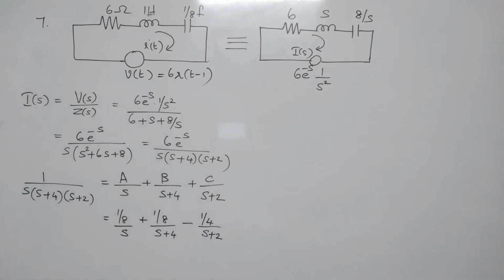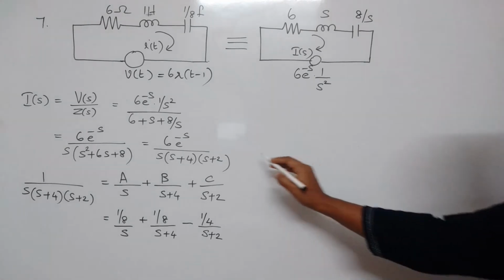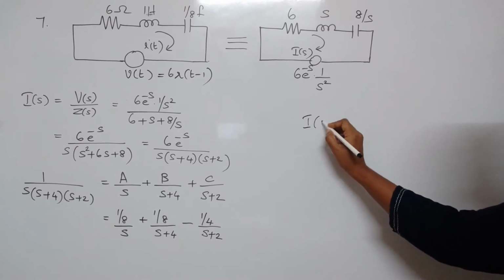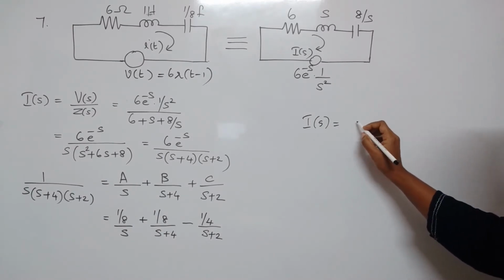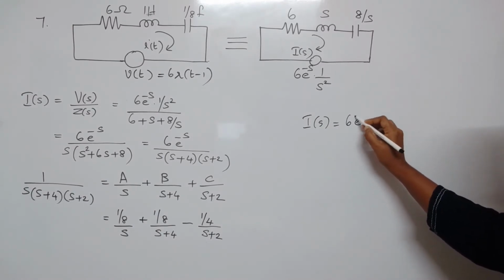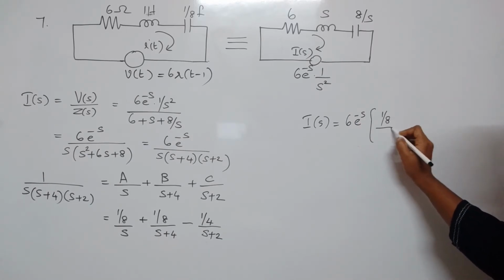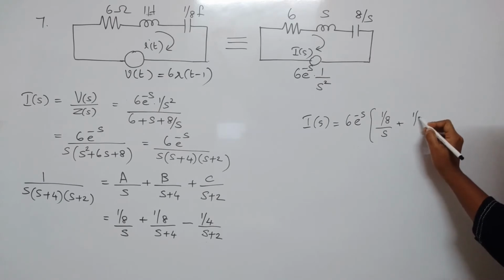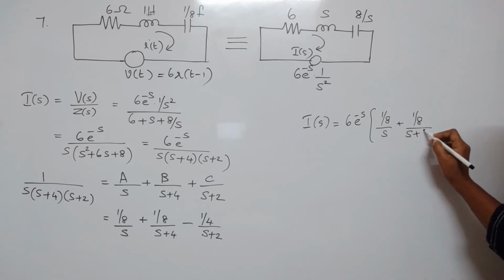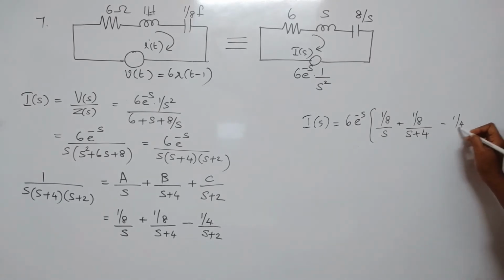Now we can substitute that in place of here. Therefore, I of S will be 6 into e raised to minus S into 1 by 8 by S plus 1 by 8 by S plus 4 minus 1 by 4 by S plus 2.